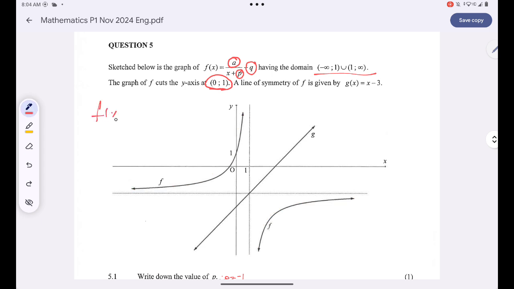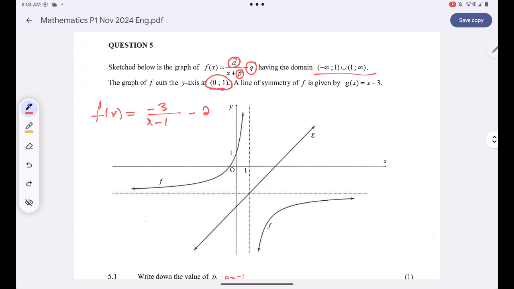If f of x is equal to negative 3 over x minus 1 minus 2, you can only change the sign of a if and only if you are going to reflect your graph on the y-axis. Are you together? You can reflect your graph on the y-axis, or you can reflect it on the x-axis, right?